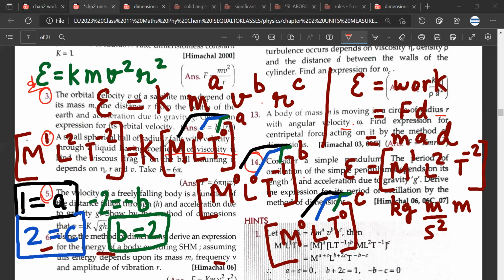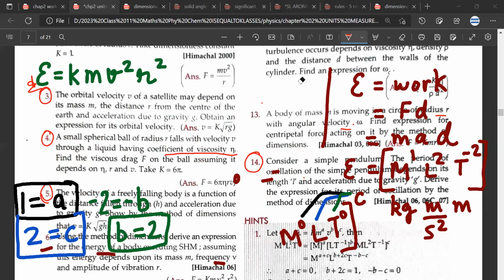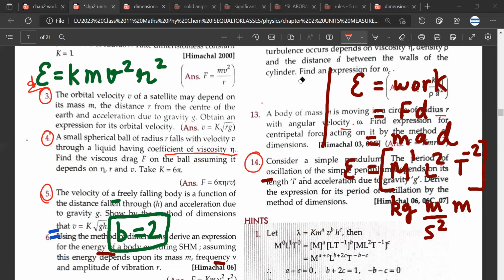And just to be sure, I can check the final format for units. I am clear that my energy on the left hand side has a unit of kg meter square upon second square. So if I multiply my right hand side, again it should be kg meter square per second square. So let me check whether this is correct or not.